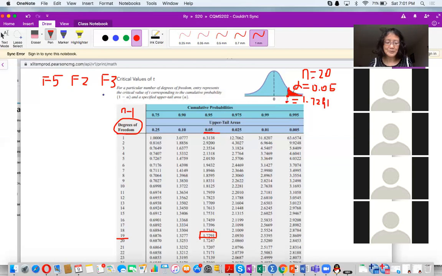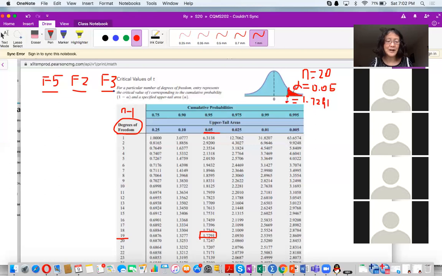So I repeat the procedure, in case you didn't get it, because this is extremely, extremely important. It is as important as 1 + 1 equal to 2. If you don't know this, I'm so worried about you. So go to your calculator, press F5 distribution, F2 T distribution, F3 inverse T. Make sure data is variable.